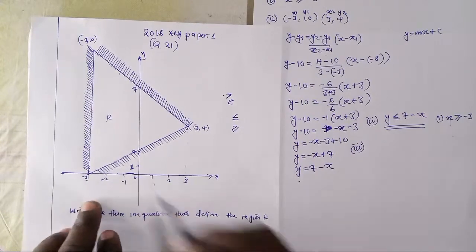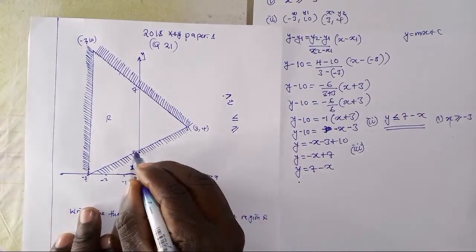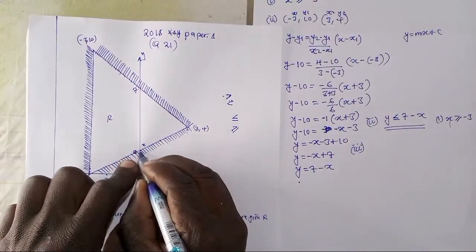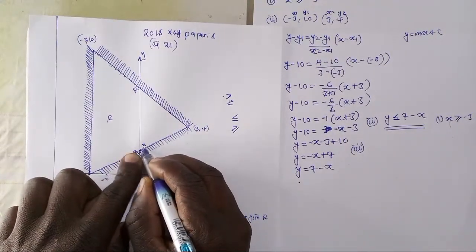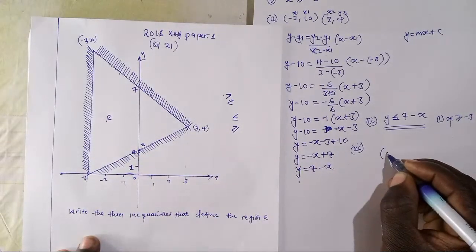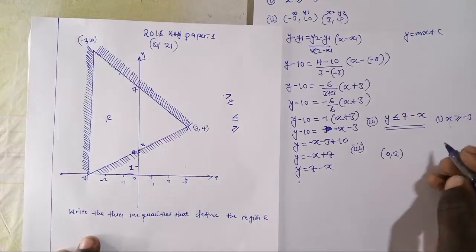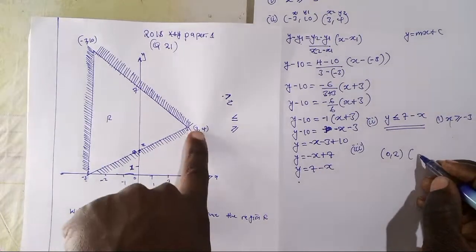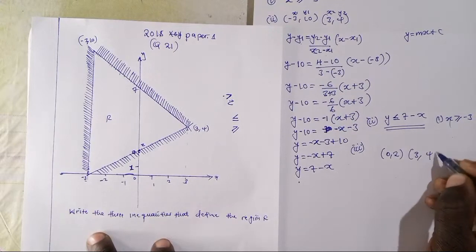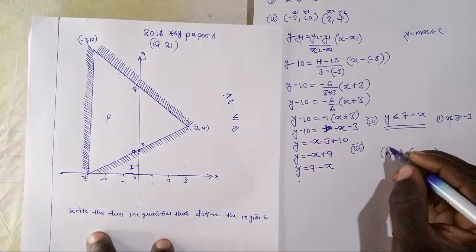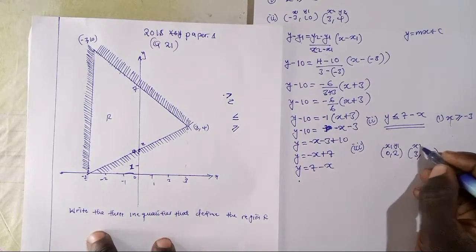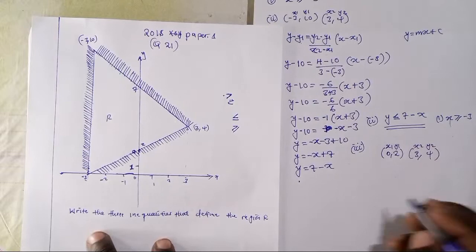we are going to get this line now. This line here, if you can see, there is 2. So that means we are going to get this point here where x is 0, so we are going to say (0, 2), then (3, 4), right? Then you denote x1, y1, x2, y2, right?